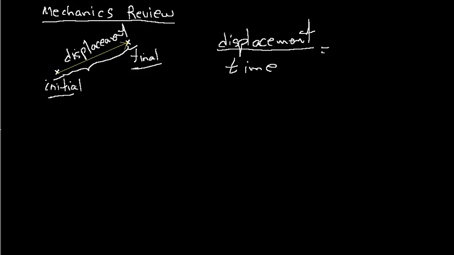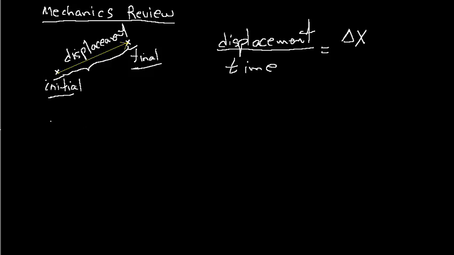The displacement, denoted by this delta, let's say, for example, we're going to talk here about just a one-dimensional displacement. So it's only got one dimension, let's say the x-axis.